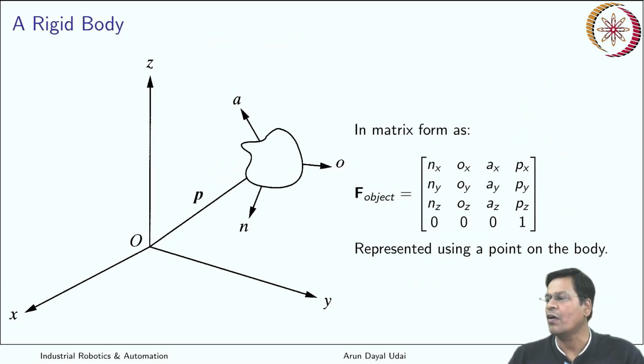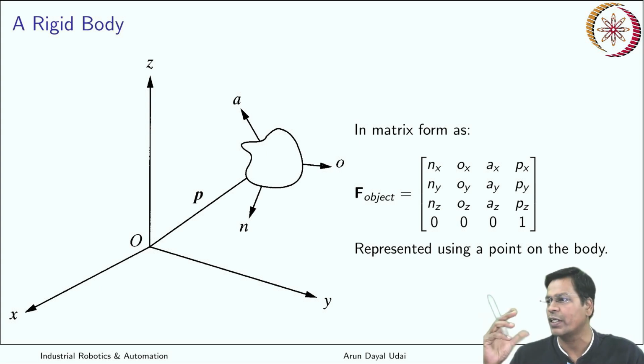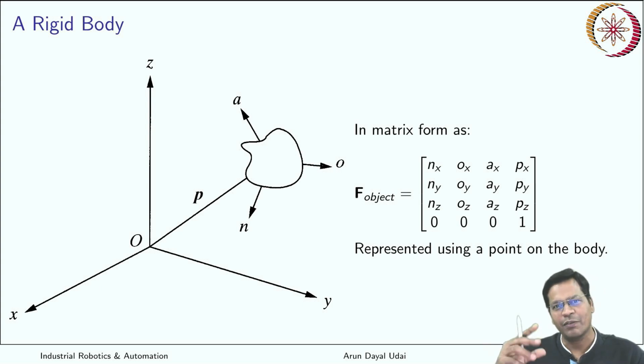Now let us see how a rigid body can be denoted. As I told you, if it is a rigid body, there is no relative displacement between any 2 points on or within that body. If a frame is fixed to this rigid body, the orientation and position of the frame will change along with the orientation and position of the object.